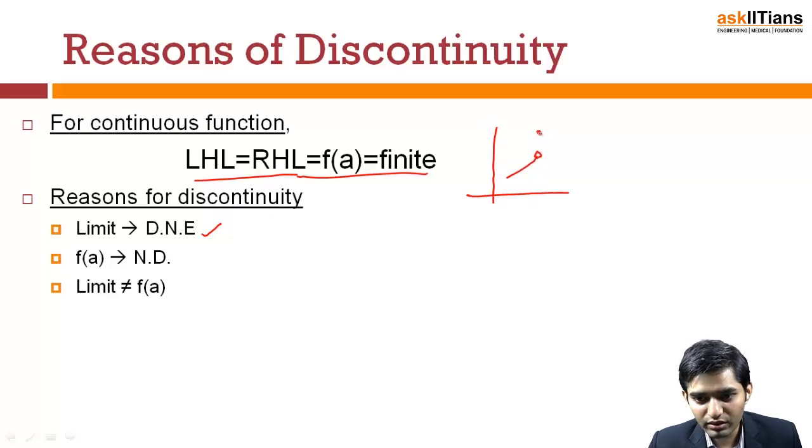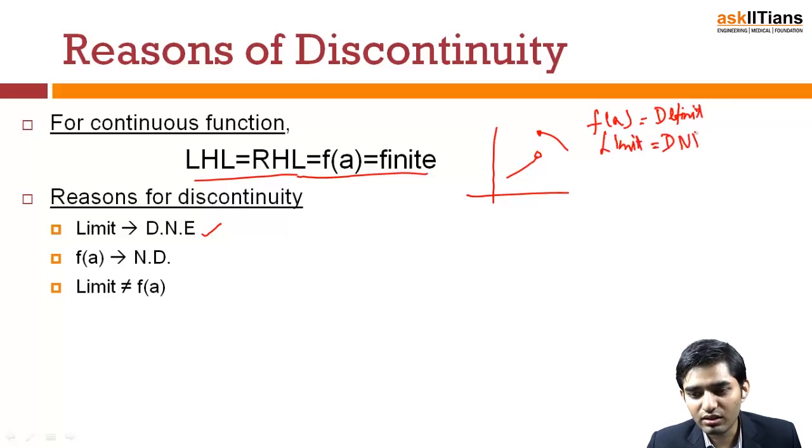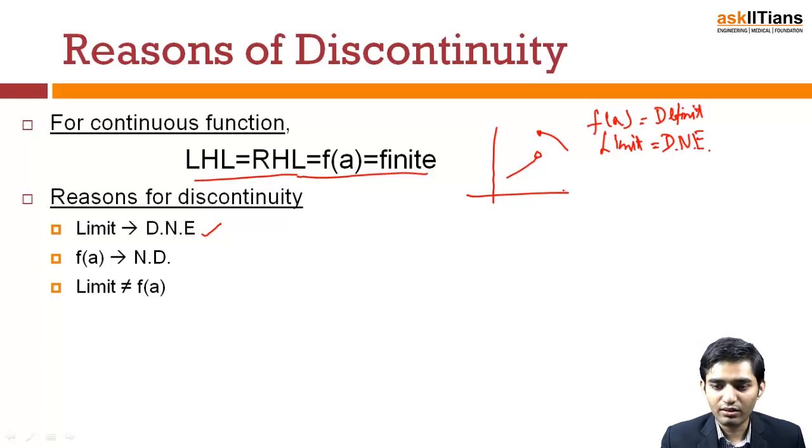In this case the function is defined, f(a) is well defined, but the limit does not exist, DNE. So this is the first reason.